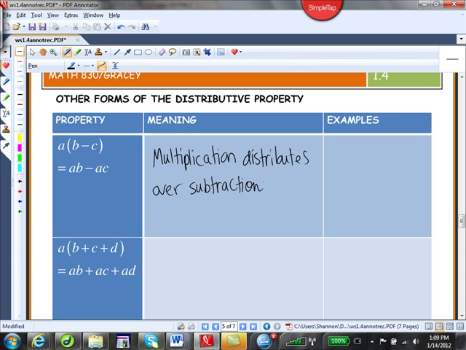So for example, we could have 5 times x minus 2. That would equal 5 times x minus 5 times 2, which is 5x minus 10. So this portion right here is the illustration of the property, and then the bottom is the end result.